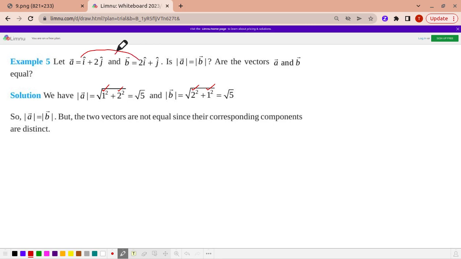Hence the vectors A and B are not equal. Similarly, the j component of vector A, which is 2, is not equal to the j component of vector B, which is 1. So hence the vectors A and B are not equal. However, their magnitudes are same. I hope you got a very clear idea about this question.